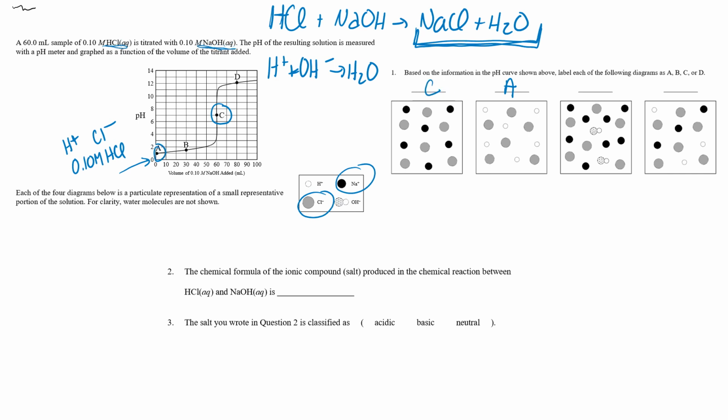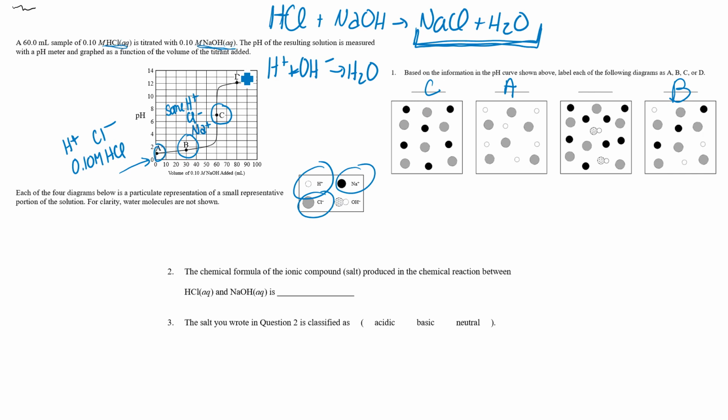So that one is C. And then at the halfway to equivalence point, I'm still going to have some HCl floating around because not all of it will have reacted, but I also will have some sodium ions floating around as well because I've added some sodium hydroxide. So I'm looking for one that contains sodium, chlorine, and hydrogen. So these three things. That looks like it would be this one right here. So this would be B.